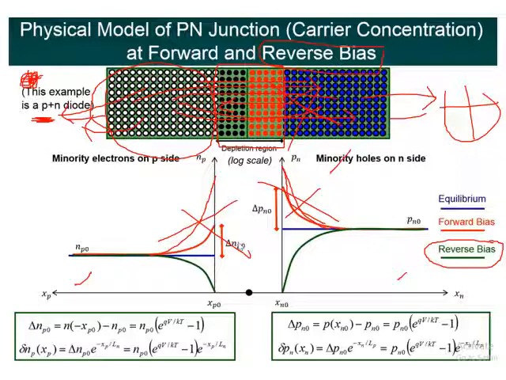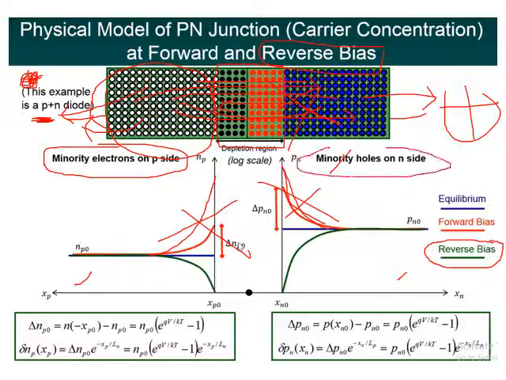Hence, what about the minority electrons and minority holes on both sides? If I take the example of forward bias, the holes from the P side had moved to the N side and electrons from the N side had moved to the P side. Suddenly if I make it reverse bias, what will happen?